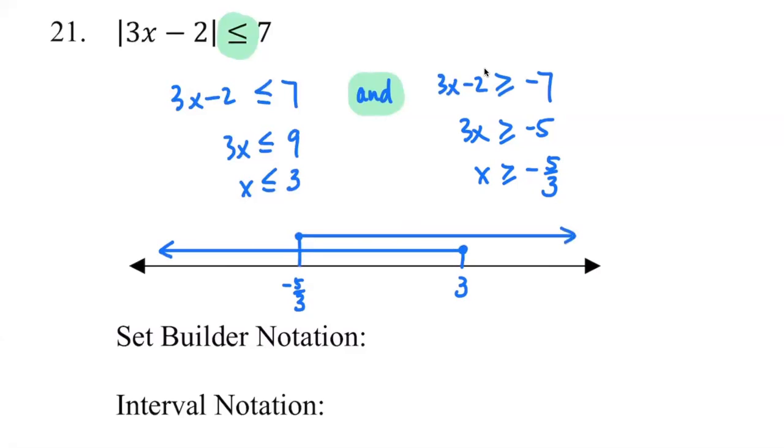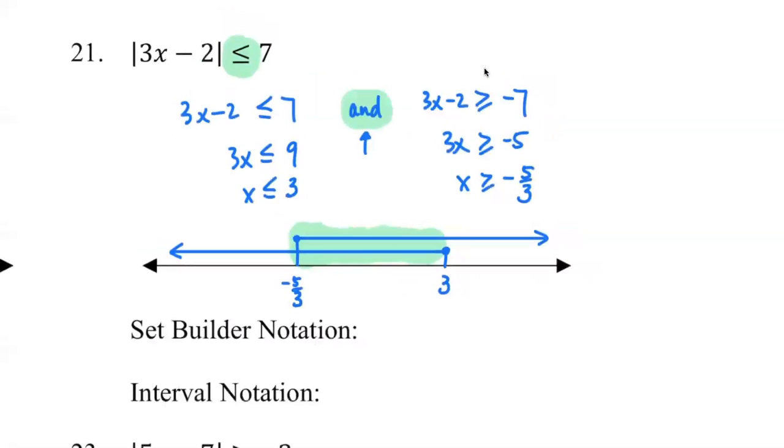I think that's what you might have learned back in Algebra 1 as well. And since the relationship here is an and relationship, the x value has to fulfill both requirements, which means it must be the portion that's overlapped by both segments.